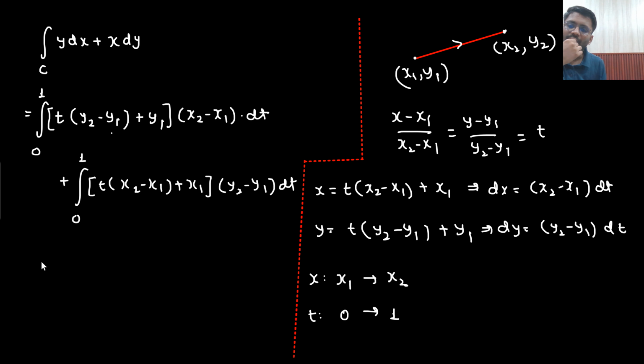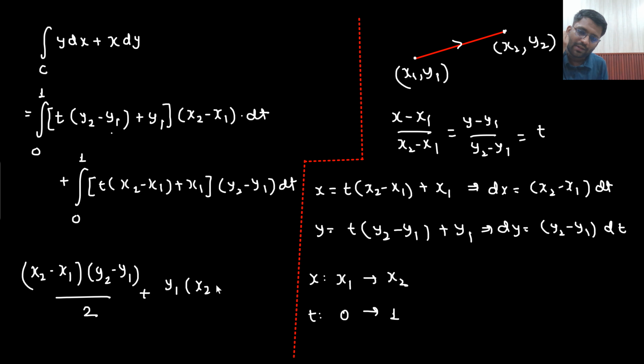So the first integral, if I am solving: (x2 minus x1) multiplied with (y2 minus y1), t dt, that will come out to be t square by 2, multiplied with t square by 2 from 0 to 1, so it will be divided by 2. Plus y1 into (x2 minus x1).